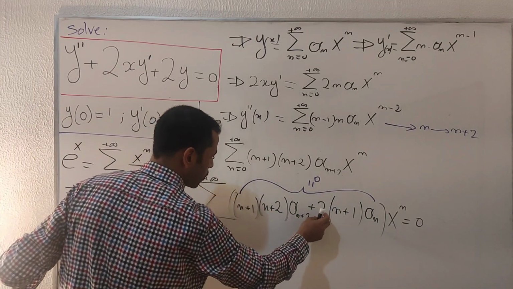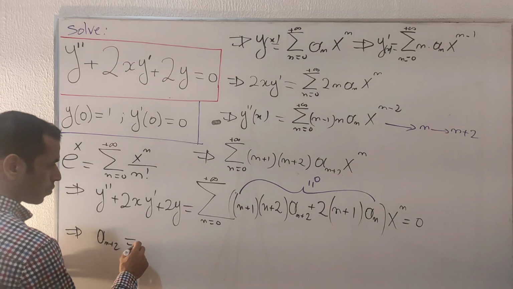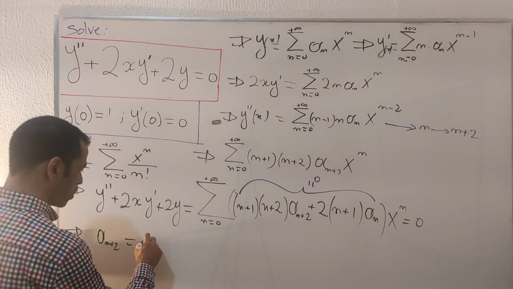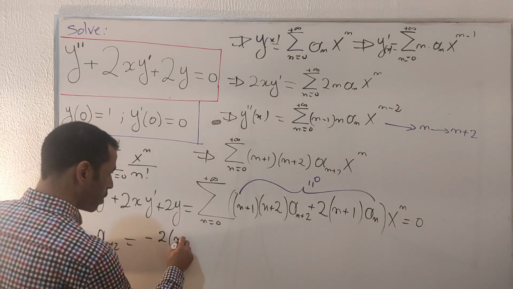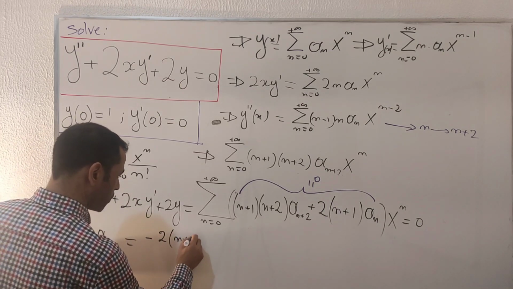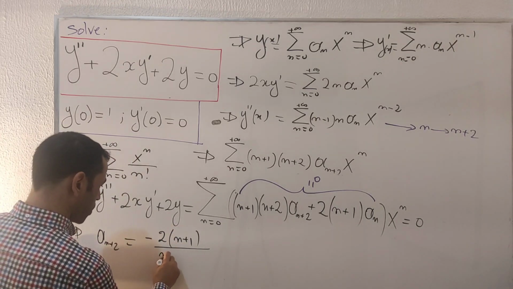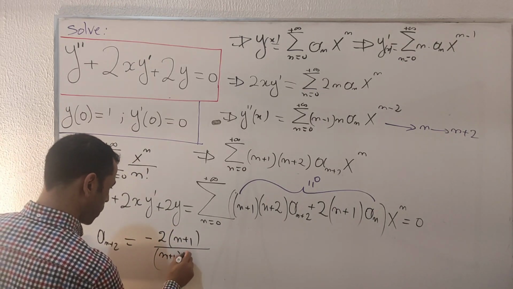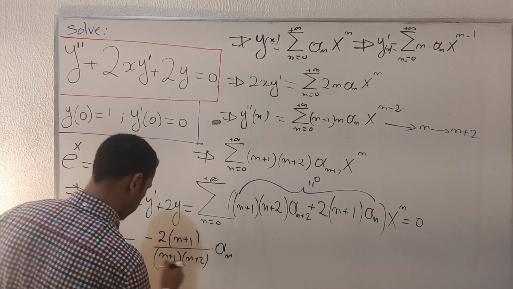By moving this one to the right and leaving this one to the left, e sub n plus 2 equals minus 2 is multiplied by n plus 1 over n plus 1 is multiplied by n plus 2 is multiplied by e sub n.